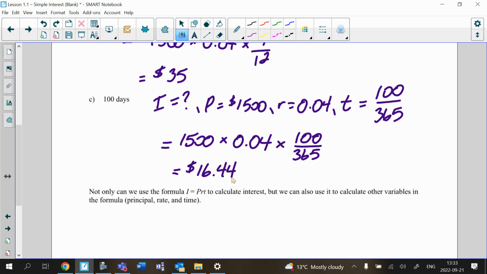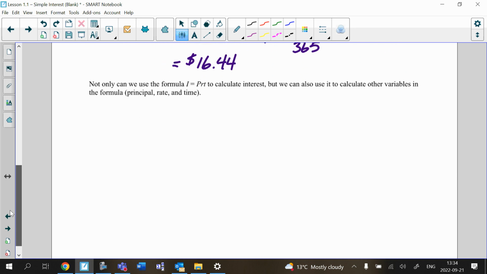So here, let's say I wanted to get a formula to calculate the principal. Right now, P is multiplied by R is multiplied by T. To get P by itself, would I not just divide by RT?